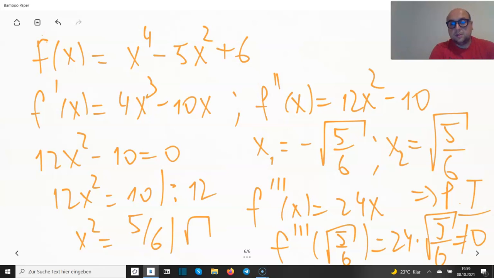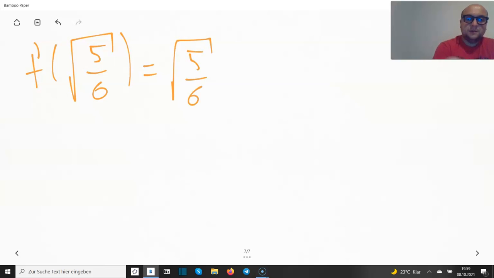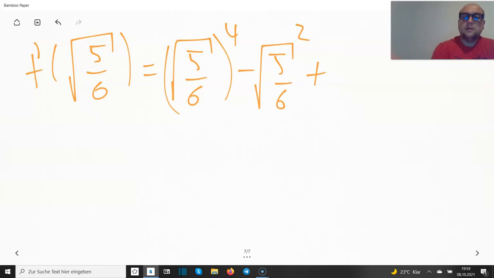And in order to compute the y values for these two cases, obviously because of the symmetry it is the same, we just put square root of 5/6 into our function. So what is f of the square root of 5 divided by 6? This is the square root to the power of 4 minus 5 times square root squared plus 6.